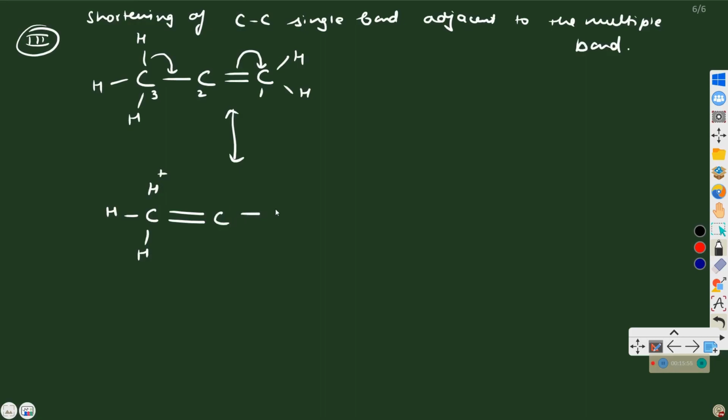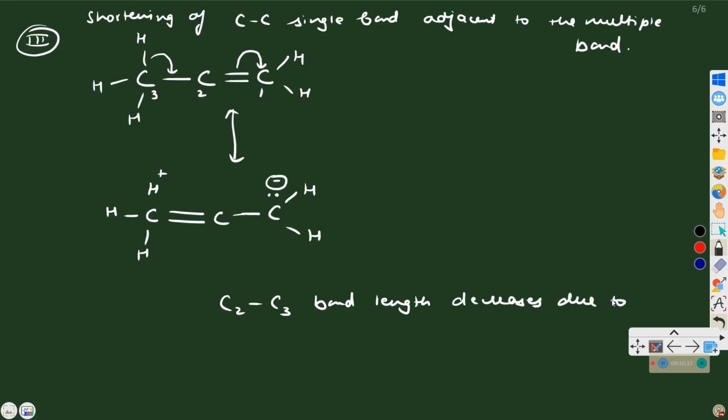So you can say that carbon number 2 and 3 acquire partial double bond character, and due to this reason the C2-C3 bond length decreases due to partial double bond character because of hyperconjugation.